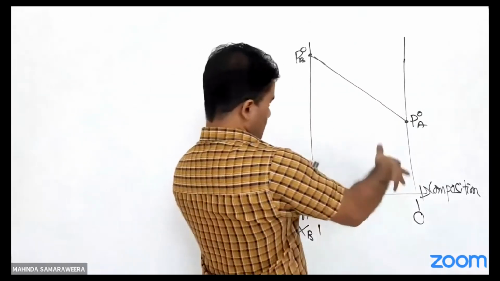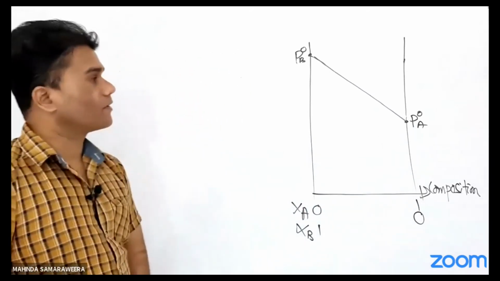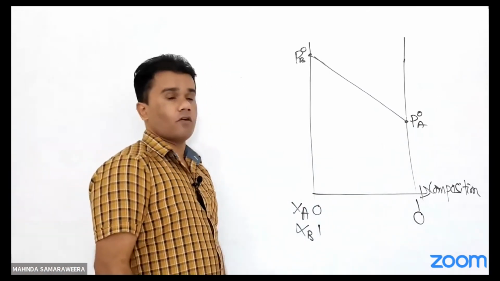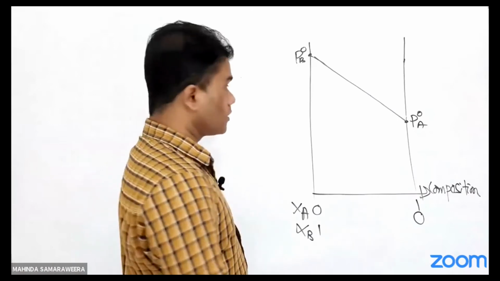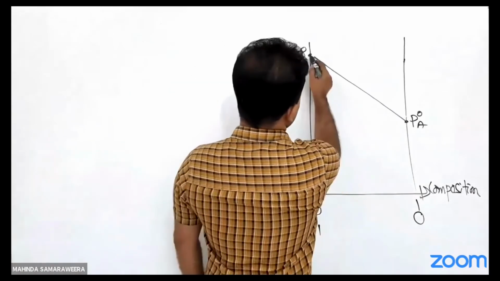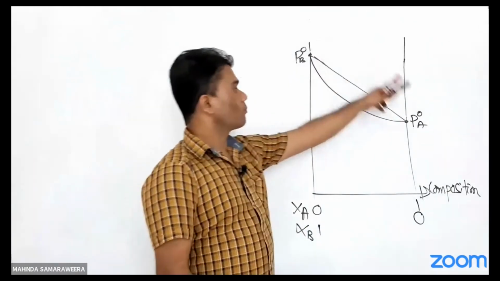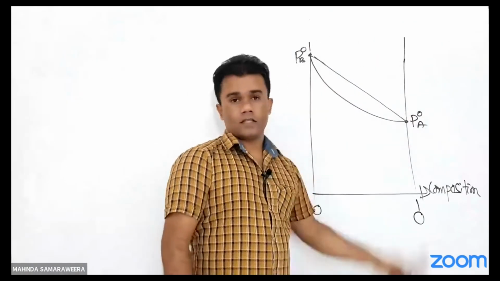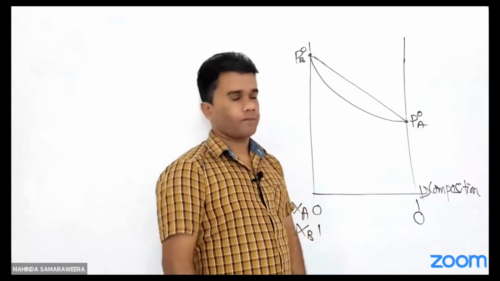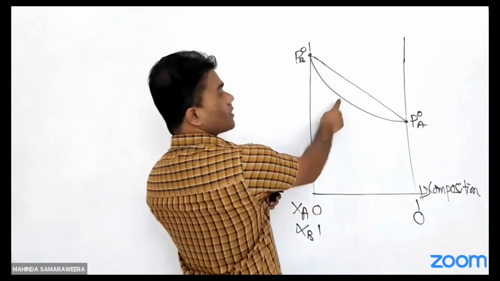Right? But sometimes we want to represent the mole fraction or composition of components in the vapor phase also, at the given pressure. That is given by this line. Not the top line, but the below line. By calculation, I proved that one. So this is vapor, this is liquid.